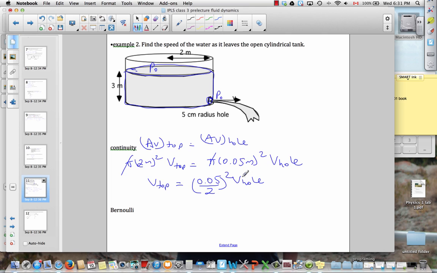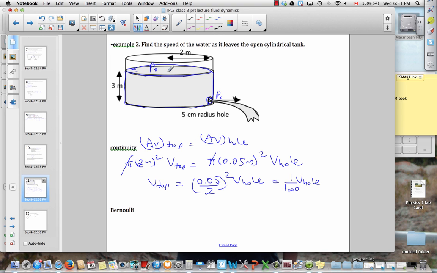But in this case, we're going to make an approximation. Because this is 5 parts in 100, divide by 2, it's 5 parts in 200. So that's 1 part in 40, and then you square it. It's 1 part in 1600. So we're going to make the approximation in this case, and it only works where you've got a really big area and then a really small area.